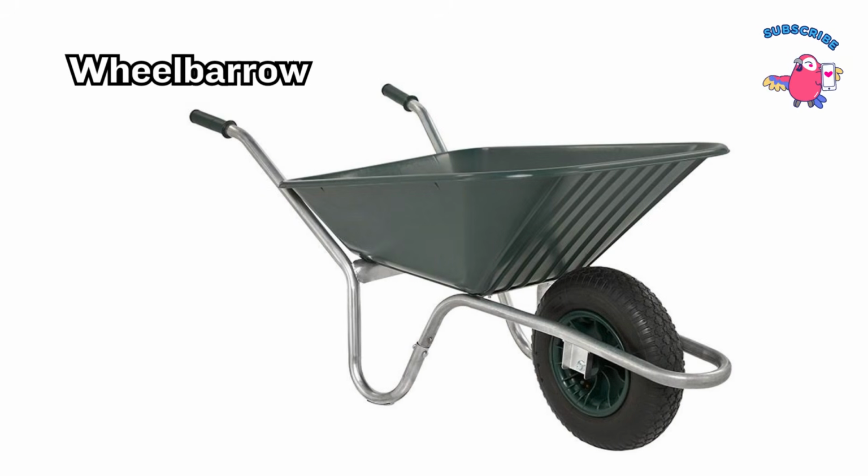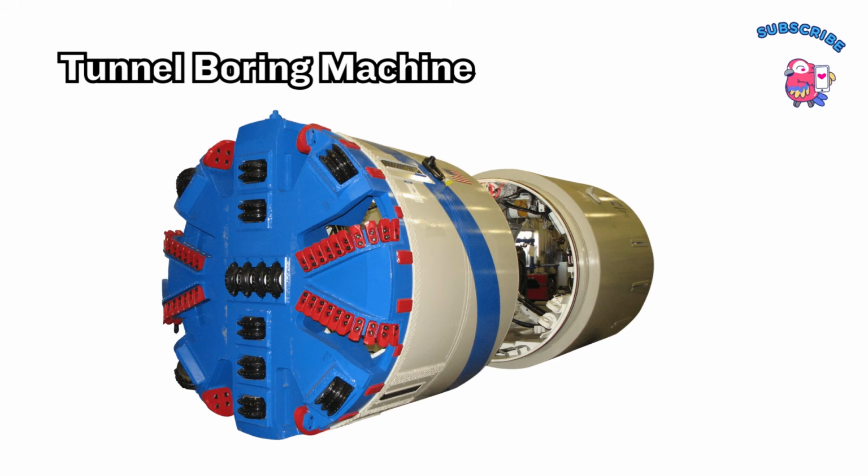Wheelbarrow. A wheelbarrow is a small hand-operated cart with one wheel in front and two handles at the back, used to carry materials. Tunnel boring machine. A tunnel boring machine, TBM, is a large machine used to excavate tunnels underground.